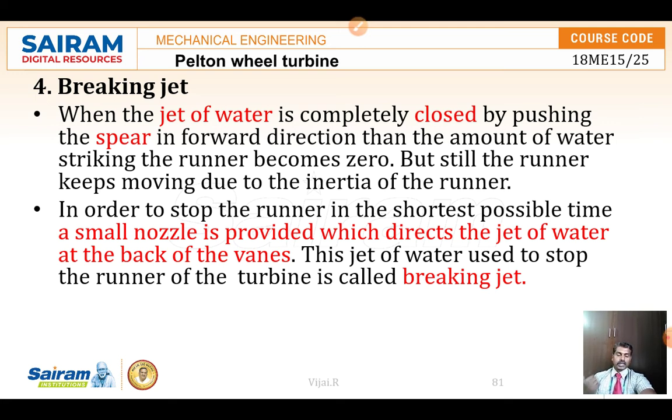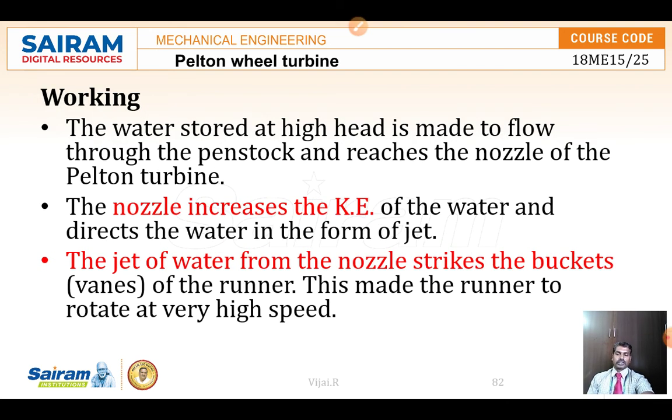When we want to stop, we set the braking jet at the backside of the vents, so that it stops the runner immediately after the nozzle is closed.